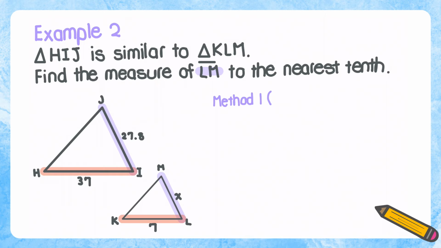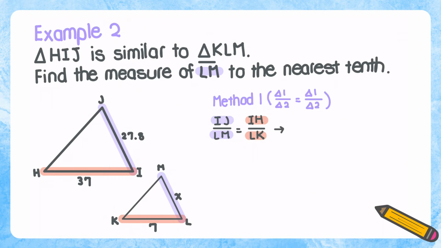The first method is where you equate ratios based on corresponding sides. So one batch of corresponding sides and another batch of corresponding sides. We have side IJ over its corresponding side LM equals side IH over its corresponding side LK.